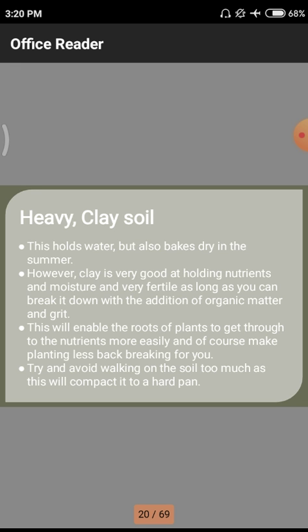Next one, try and avoid walking on the soils too much as they will compact to hard pan. That means you should avoid walking on those particular soils, because there may be a chance of skidding due to the varying particle sizes, micro and macro in nature, so we need to compact as hard as possible.